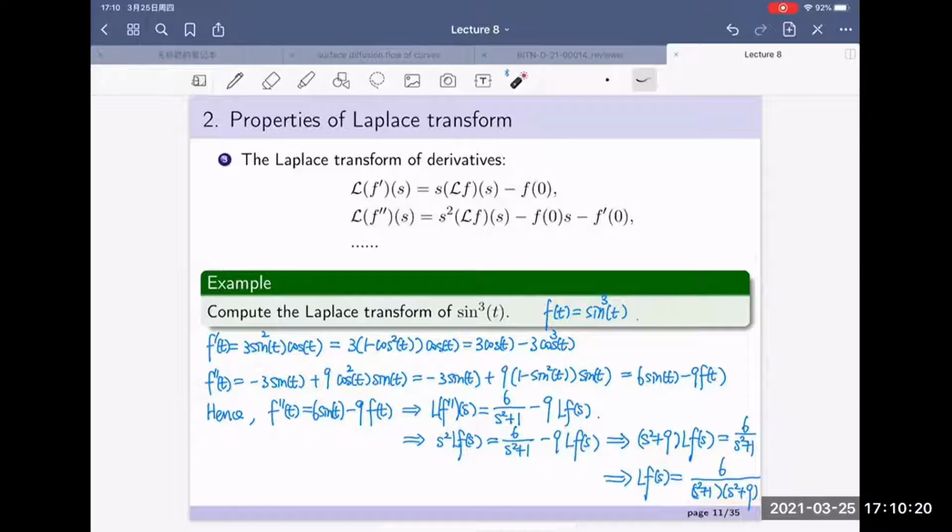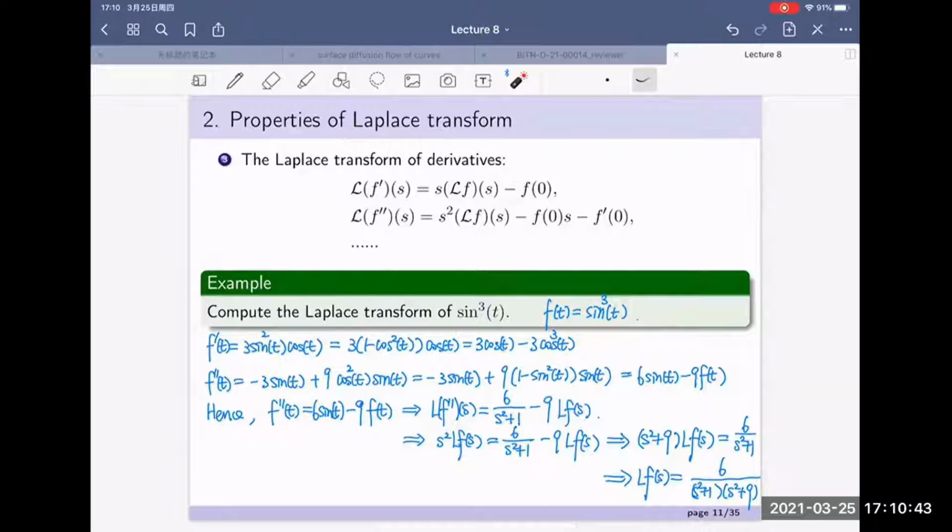So you see that you introduce a notation f of t for this function, and after taking derivatives, you find a differential equation governing f. Then you apply the Laplace transform and solve this differential equation.